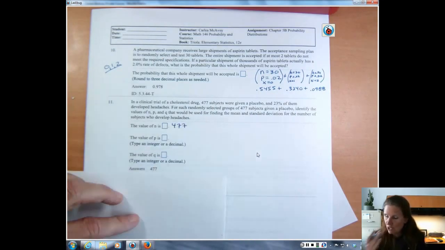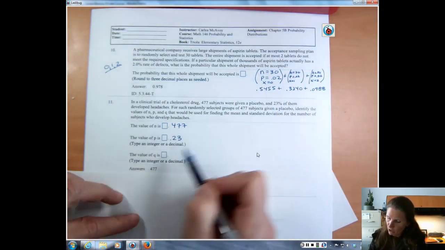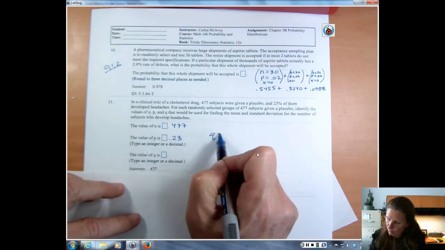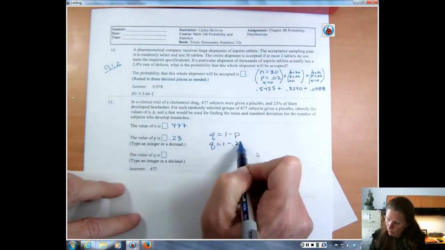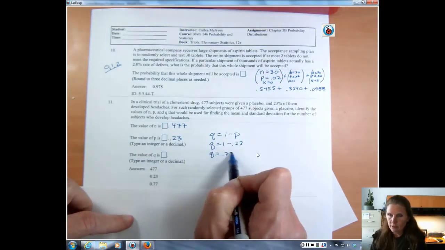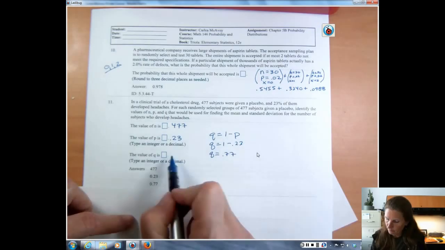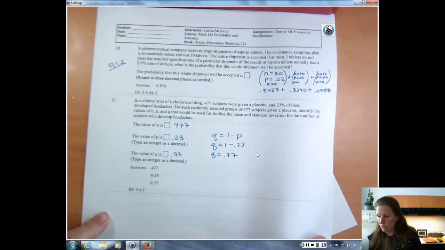The P is the percent that we're talking about, and that's 23%. Q is equal to 1 minus P. So Q in this case is 1 minus 0.23, and that's how they get Q is 0.77. That's all you do to find those 3 values. And this is 541.